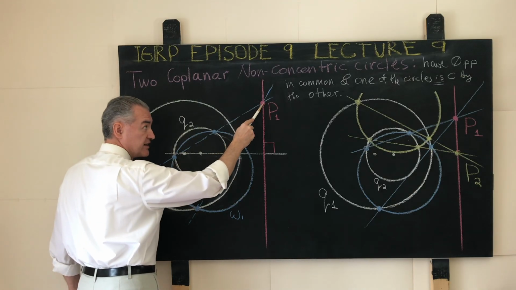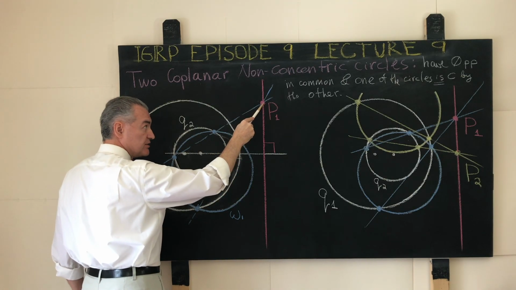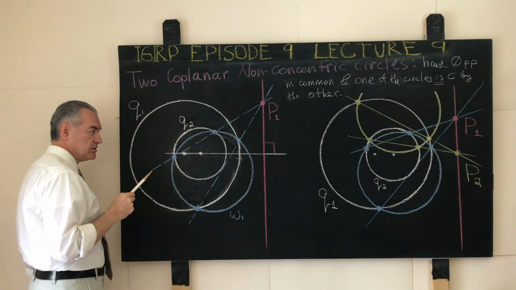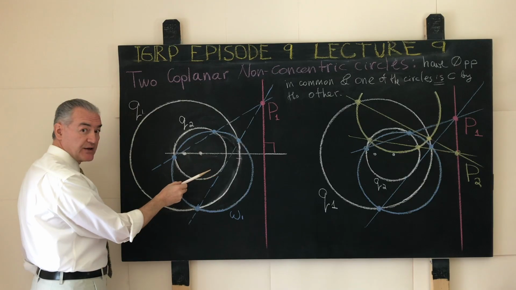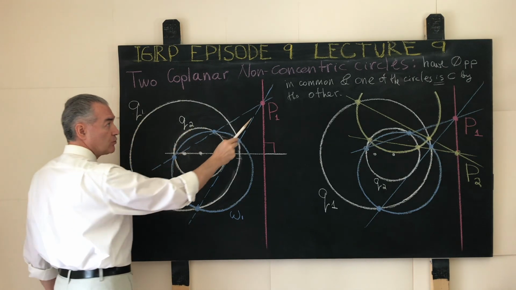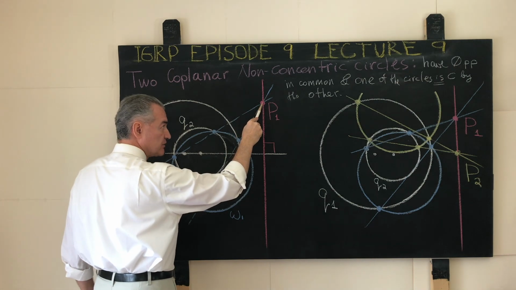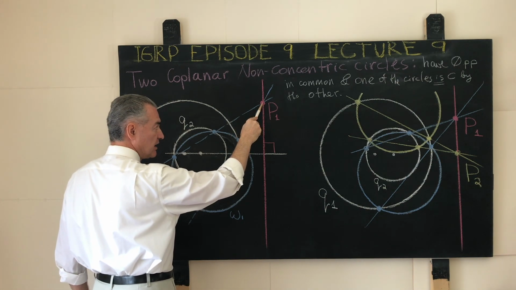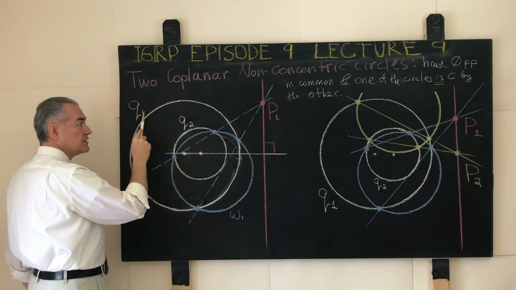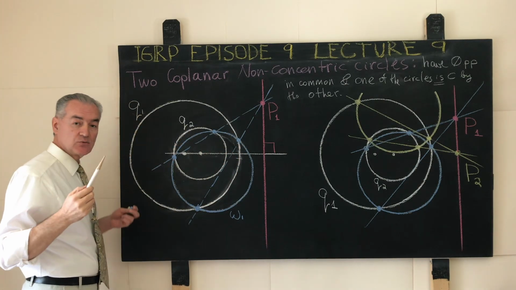But the point where they intersect will be what? The point which has the same power not only for separate pairs, but for the circles Q1 and Q2. So now we know one point, definitely one point in the parent plane, that has the same power with respect to the circles Q1 and Q2, and this is precisely what we want.